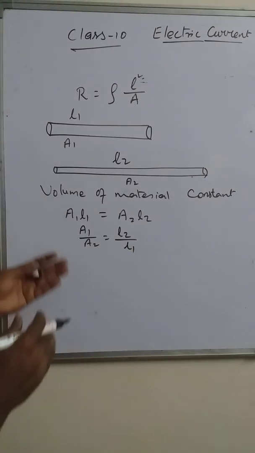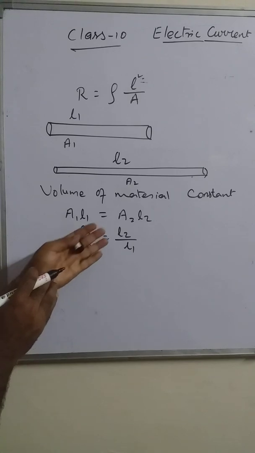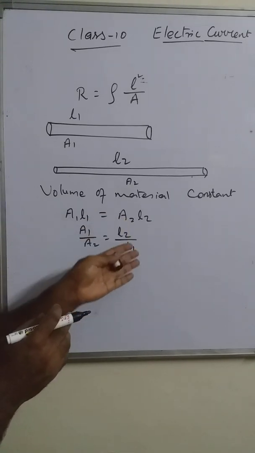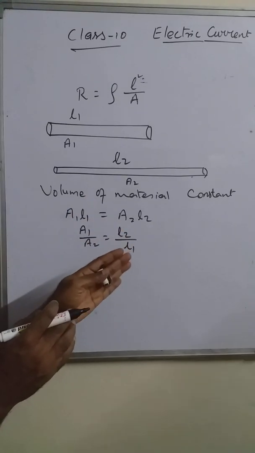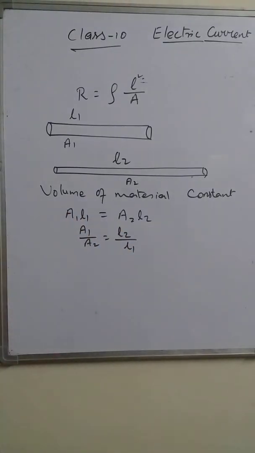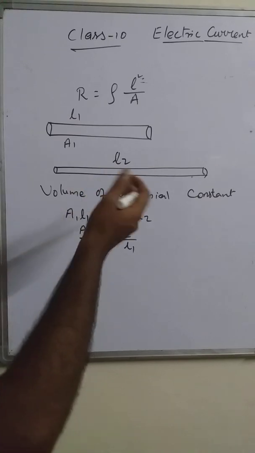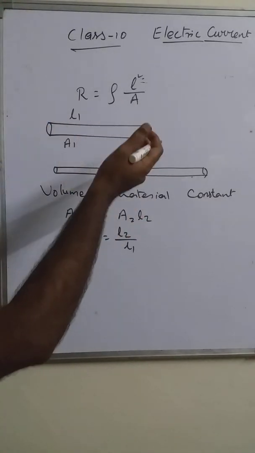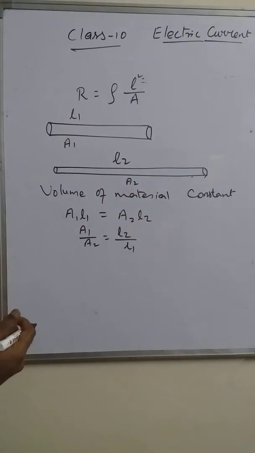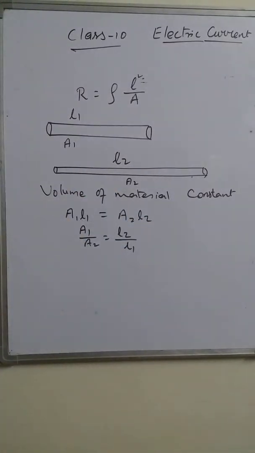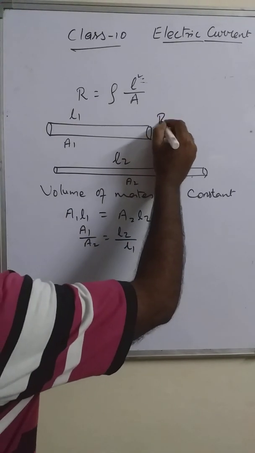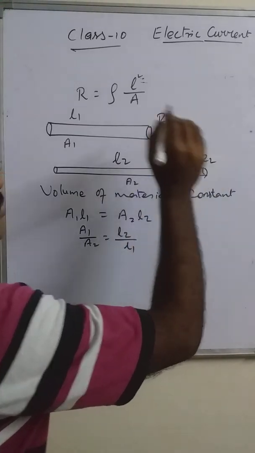This means the ratio of change in length is equal to the ratio of change in area of cross section, right? Both are inversely proportional. If length is doubled, area will be halved. Okay, so how does the resistance change? Let us take resistance R1 and resistance R2.